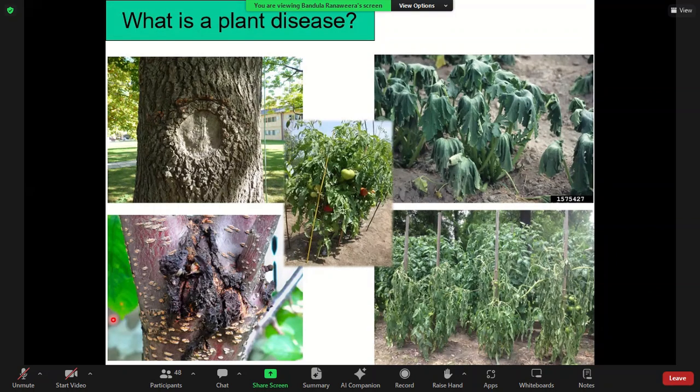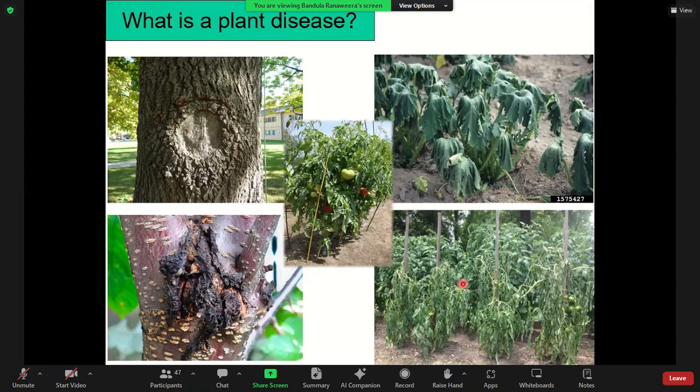Due to that disease, the economical outcome or income generation, profit of the production is reduced. So we agree that these are infected or plants with a disease.